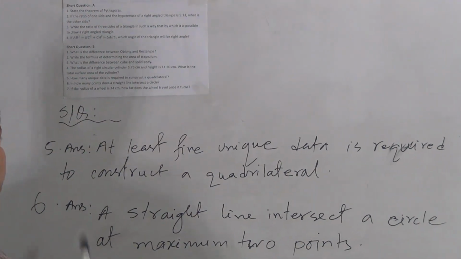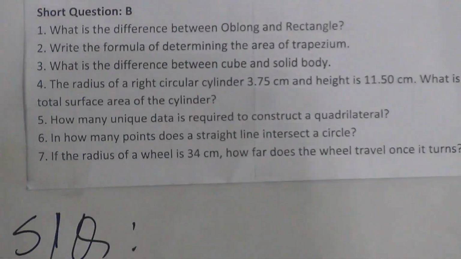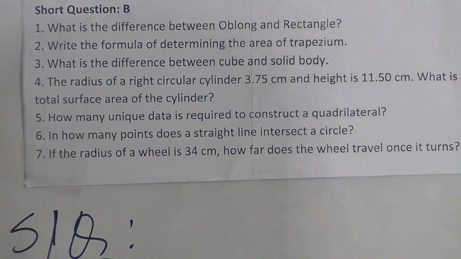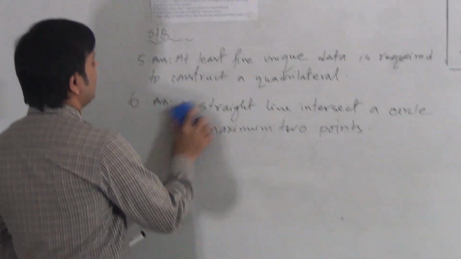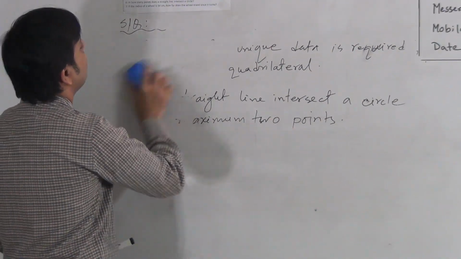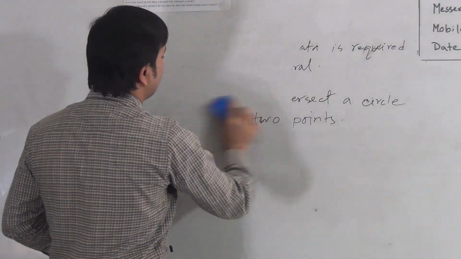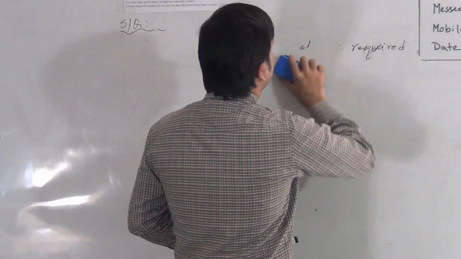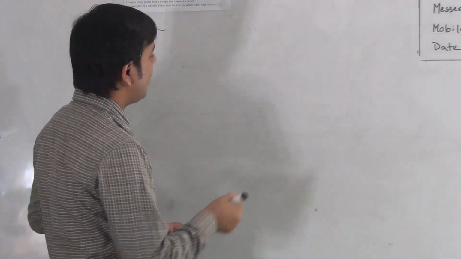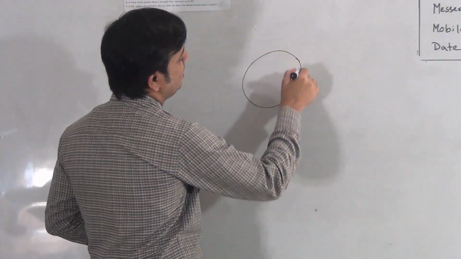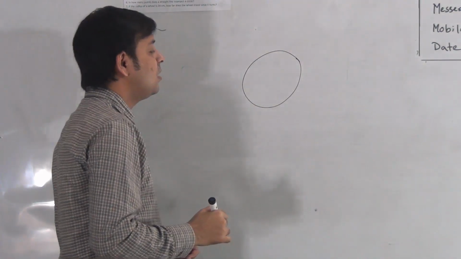Question 7. If the radius of a wheel is 34 centimeter, how far does the wheel travel once it turns? Once it turns. It means that we have to determine the distance if the wheel moves only one round. Suppose this is a wheel.